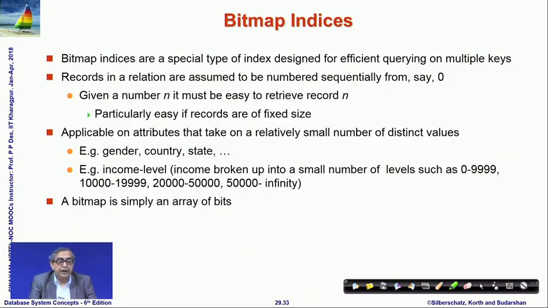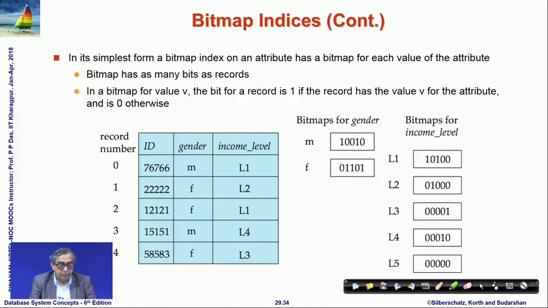A bitmap is simply an array of bits. So, take an array for the records, and for the possible values you mark 1 or 0. Here is an example showing it. We are showing a bitmap index for gender. You have an array for M, the male gender, and F, the female gender.